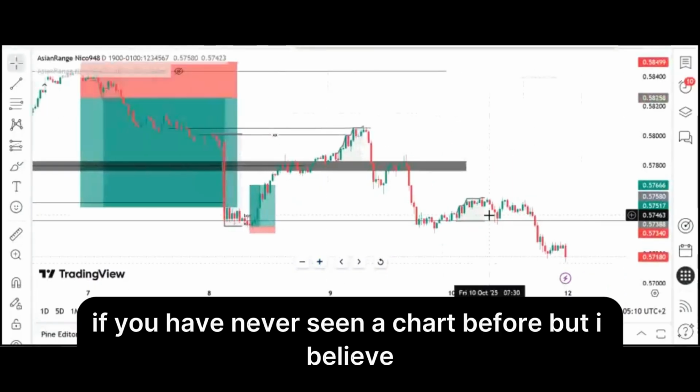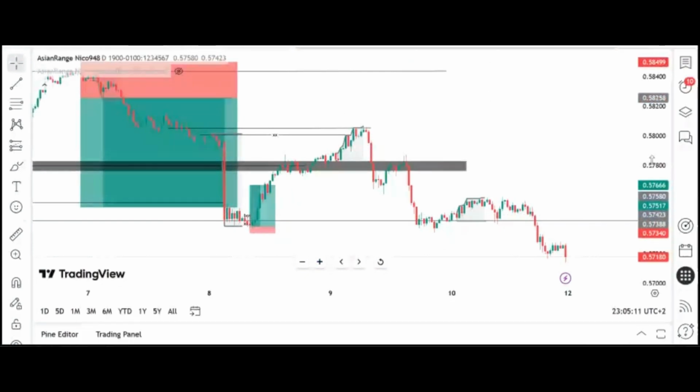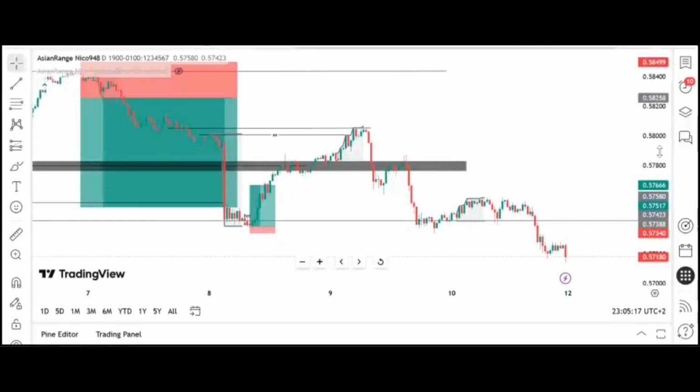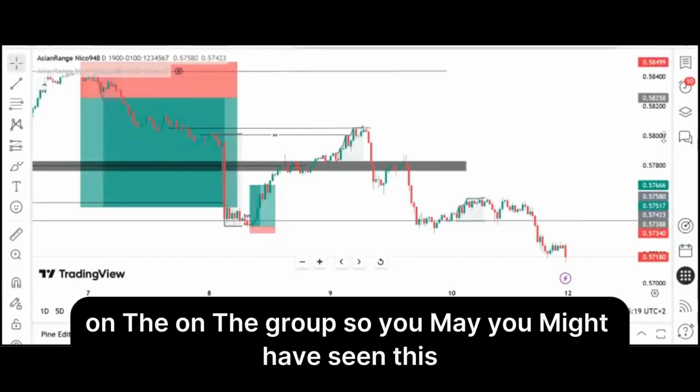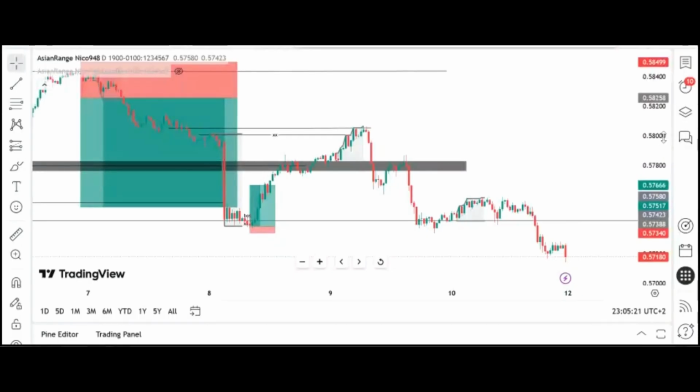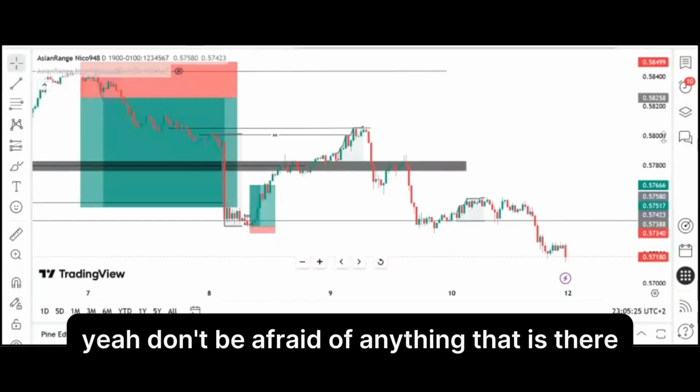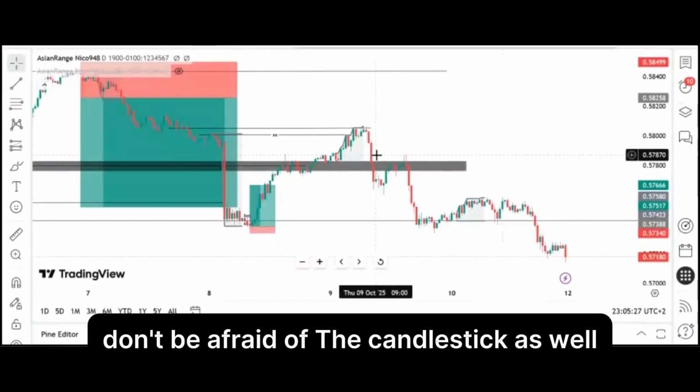If you have never seen a chart before, but I believe maybe you have seen, maybe I've been dropping some trades on the group. This is the chart, and all these things are called candlesticks. Don't be afraid of anything that is there. Don't be afraid of the candlesticks as well.